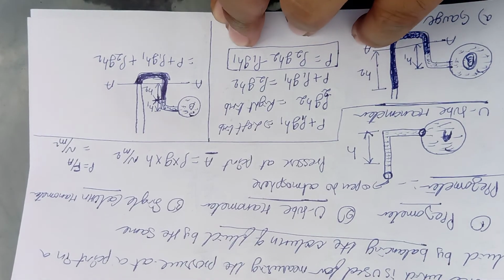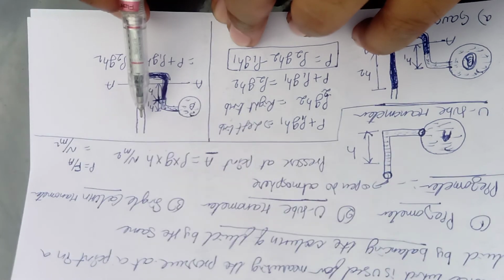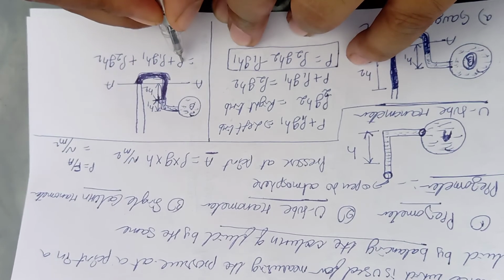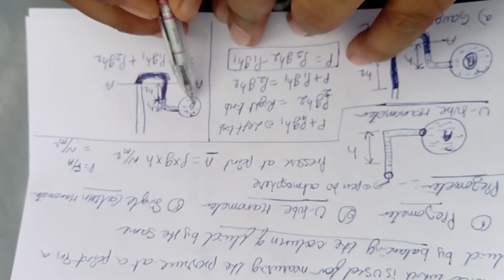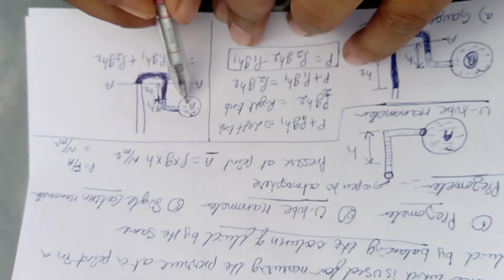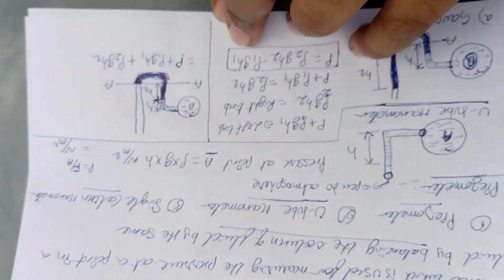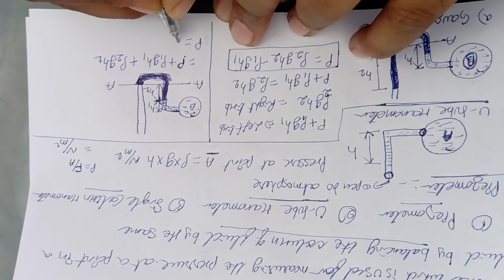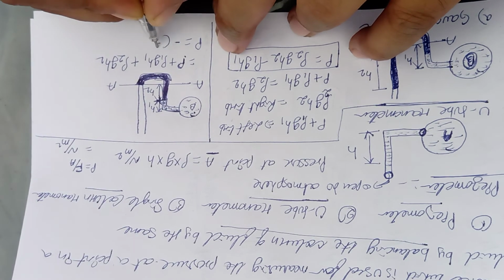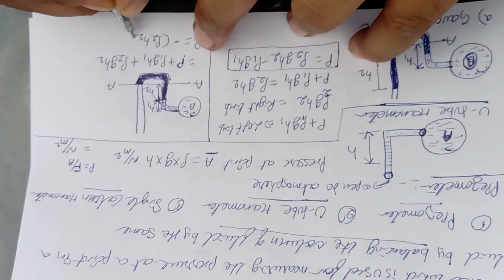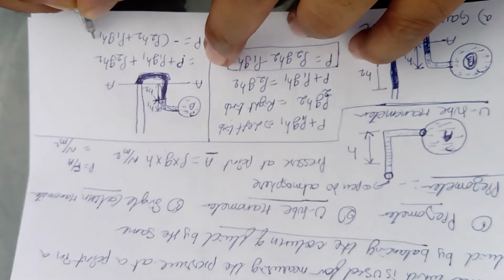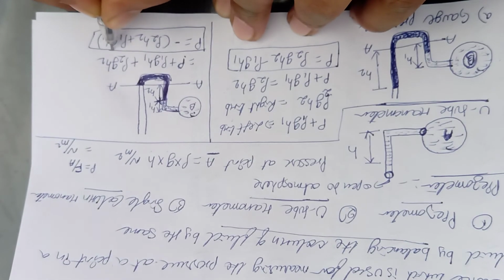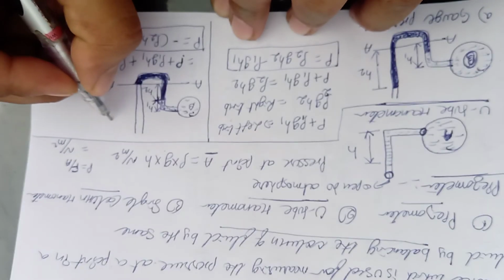In the right limb there are no other pressures, only the left limb. So the pressure at point B plus rho 1 G H1 plus rho 2 G H2 is zero, so finally P would be negative of rho 2 G H2 plus rho 1 G H1. This is the pressure at B in case of vacuum.